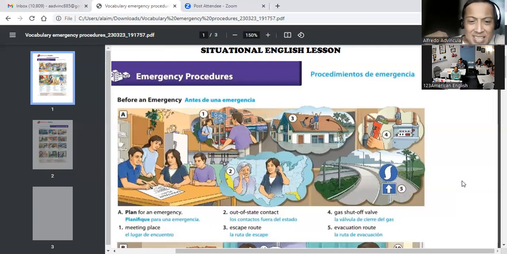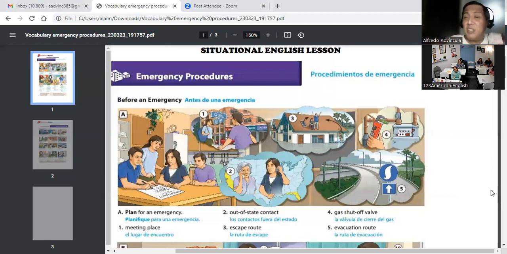The second, number two, is making contact with someone who's out of state. Sometimes we want a relative or a close friend who's not in the same immediate area where we are, just for safety reasons.